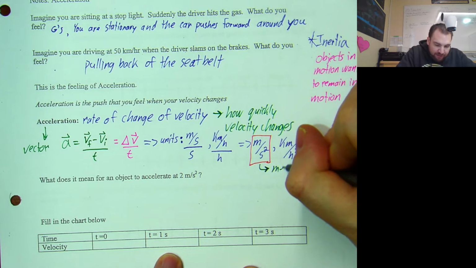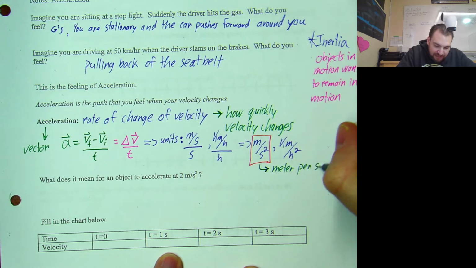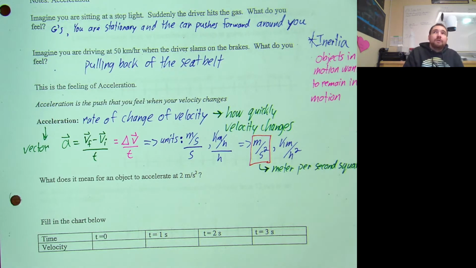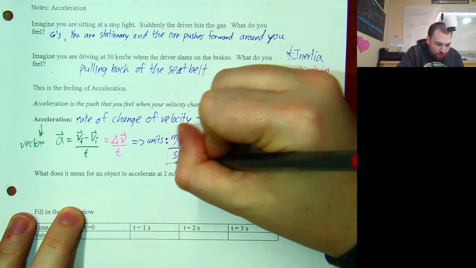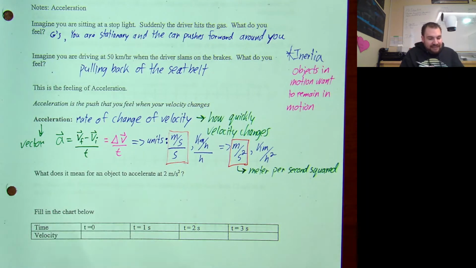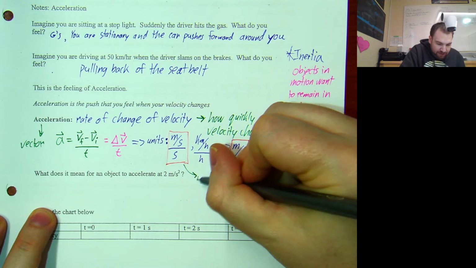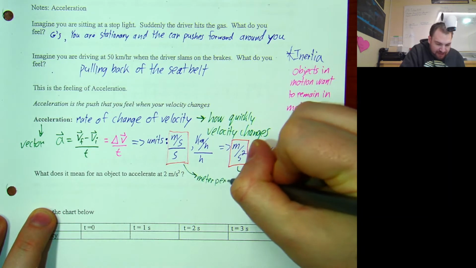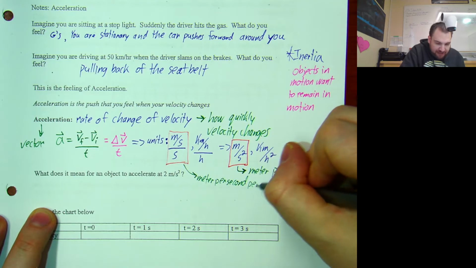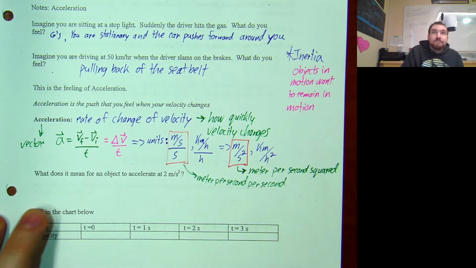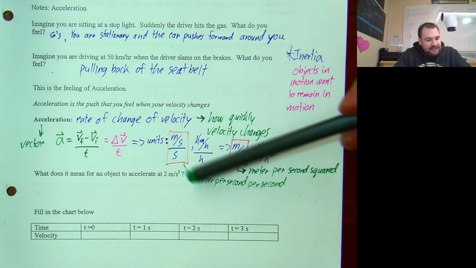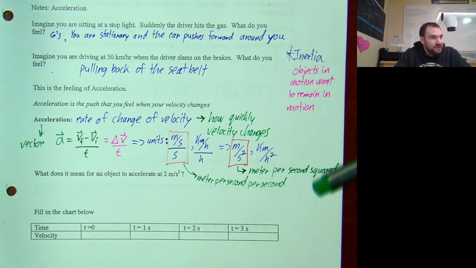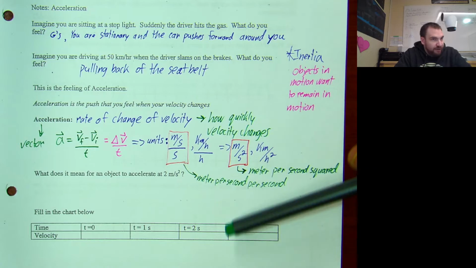So this is either a meter per second squared, or sometimes people will quote it like this and say a meter per second per second. And sometimes I think reading it like this actually helps us with the understanding of what we're talking about here.